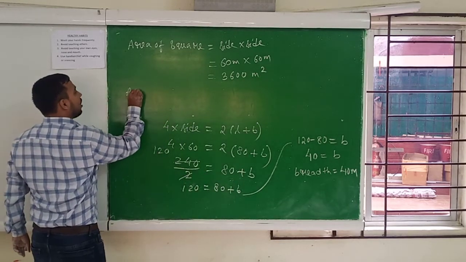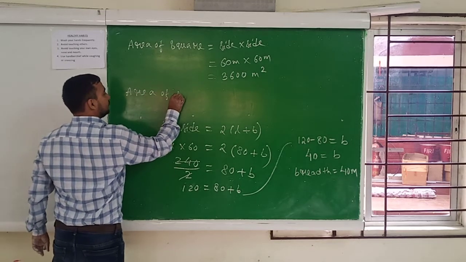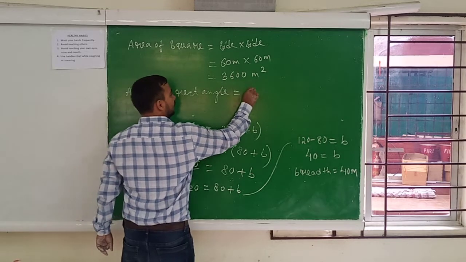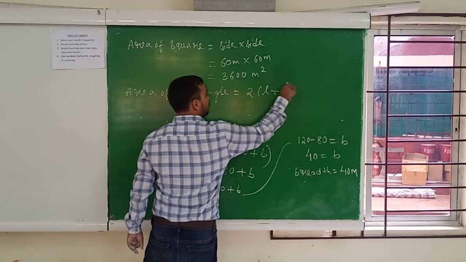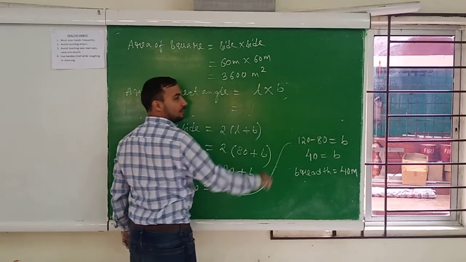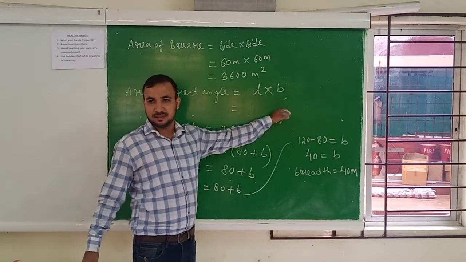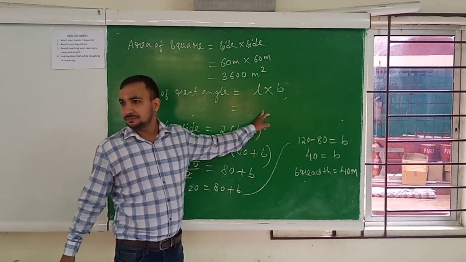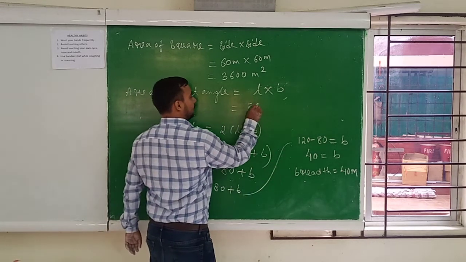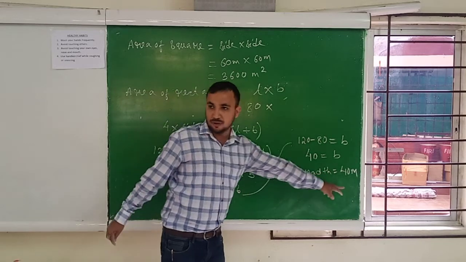Then the area of the rectangle. So your area of rectangle will be 2 into length plus breadth. Oh sorry, L into B. I was thinking of perimeter. It should be length into breadth. So what is your length? 80. And what is your breadth? 40.